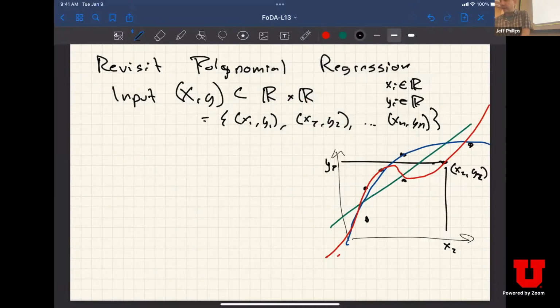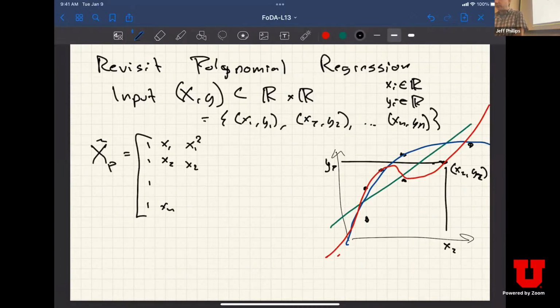Okay, and if you remember how we actually did this, we started with x, but we converted it into this xp tilde matrix, right? The first column was all ones. The second column was x1, x2 up to xn. And then the next column was x1 squared, x2 squared up to xn squared, up to x1 to the power p, x2 to the power p, xn to the power p.